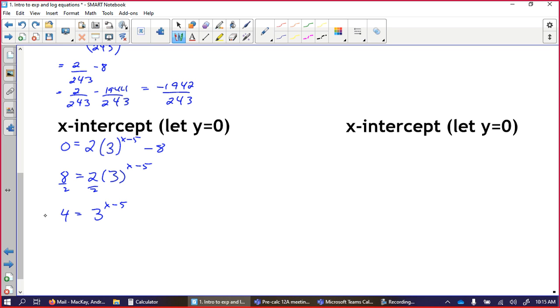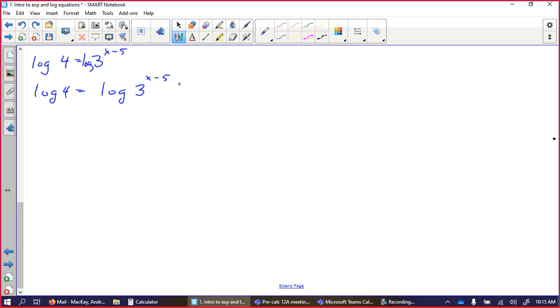Well, when we have one of these, log of 4 equals log of 3 to the x minus 5. The power law moves that down. Log 4 divided by log 3.